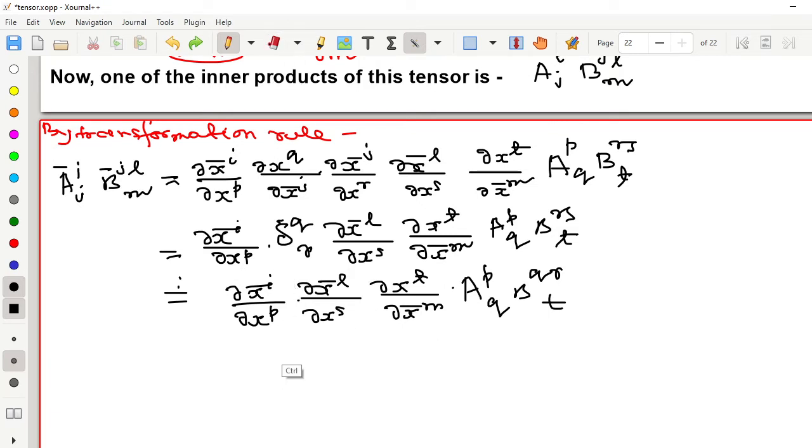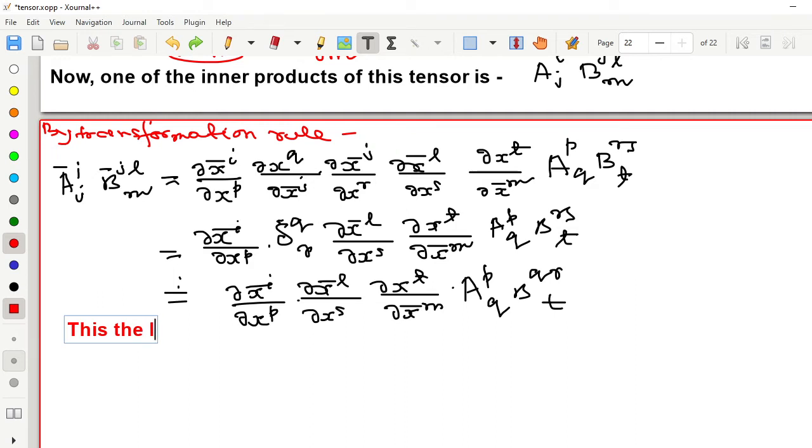So write it. This is the law of transformation.